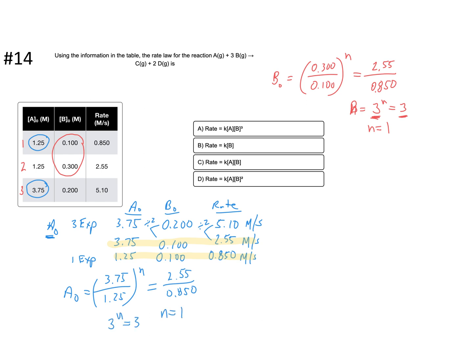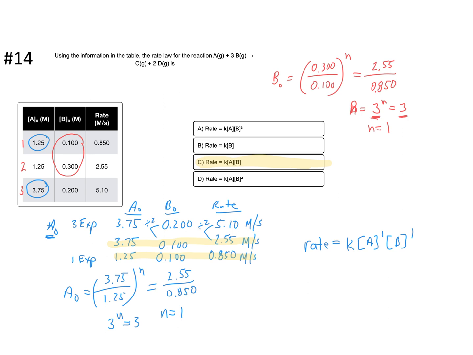So again, this is a first order relationship with respect to A and B. When we put that together, we're going to get a rate law for the reaction of rate equals the rate constant times the concentration of A to the first times the concentration of B to the first, which looks like choice C right there.